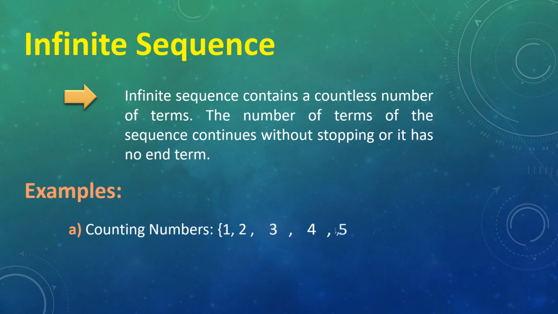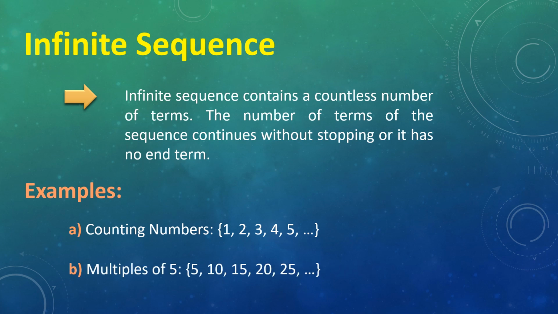Examples. Letter A. The counting numbers: 1, 2, 3, 4, 5, and so on. The three dots, which is called the ellipsis, indicates that the sequence continues without stopping, or it has no end term.